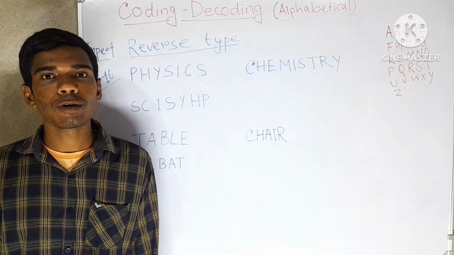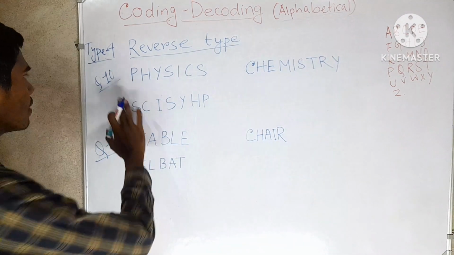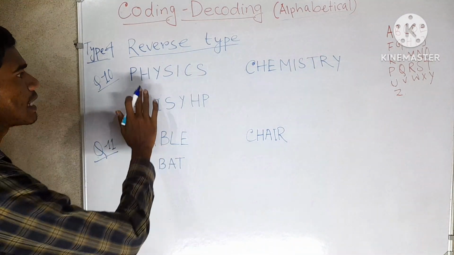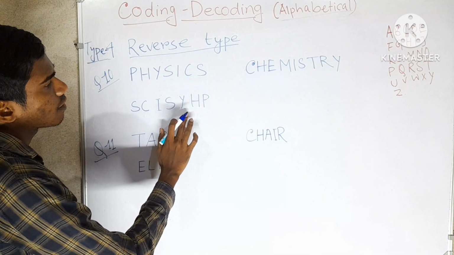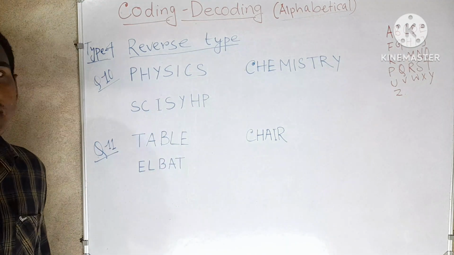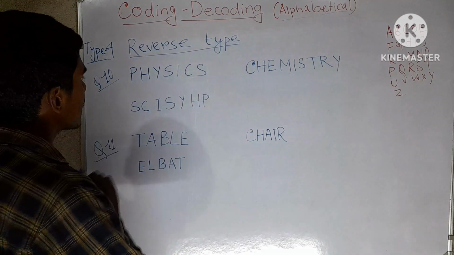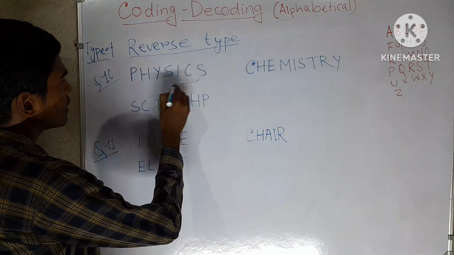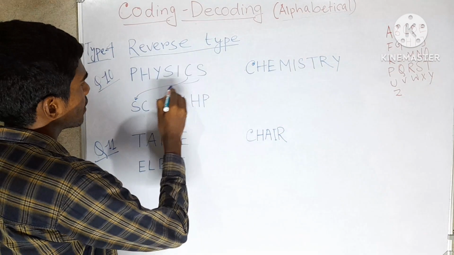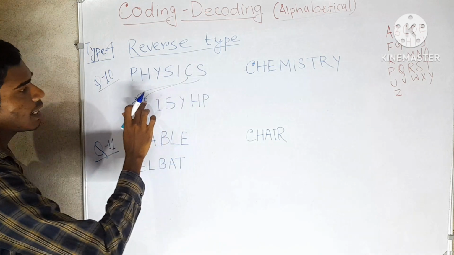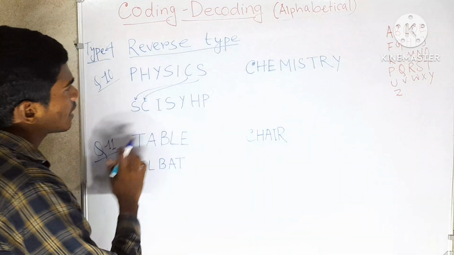Type 4 of coding decoding, that is reverse type. Question number 10. If physics is coded as SCISYHP, then what is the code for chemistry? As you can see, the last letter is replaced by the first letter, and thereafter the second last is represented by the second letter.